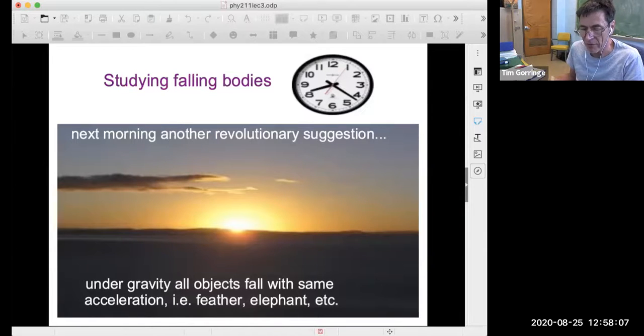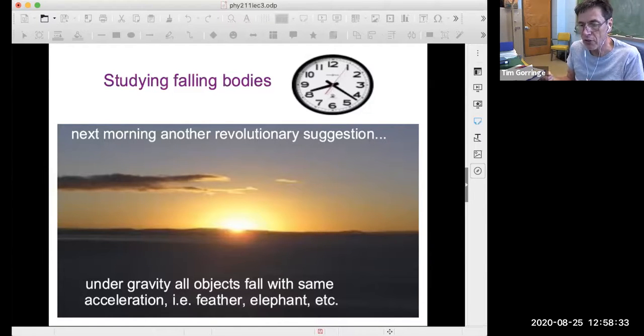Now think about that for a moment. So he's saying that, for example, if you drop a feather and an elephant, feather's really light, elephant's really heavy, Galileo's saying that they experience the same acceleration of gravity. And they therefore fall to ground with the same acceleration of gravity.